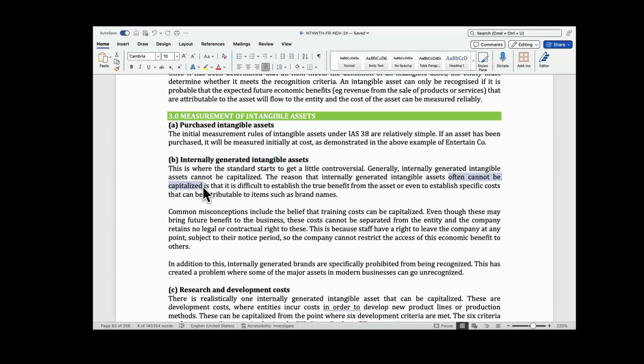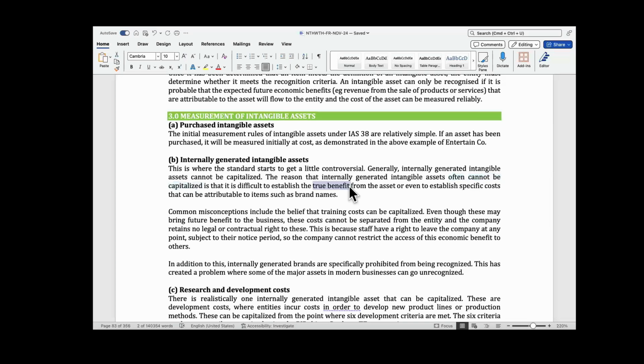That is why you will not see any company recognizing the skills of their staff, their intellectual property, their brand name, their goodwill. You will not find them recognizing it in their books. And why is that? Because number one, you cannot put a monetary value to the benefits you will get from them. You cannot say this is how much I will get from having this name.